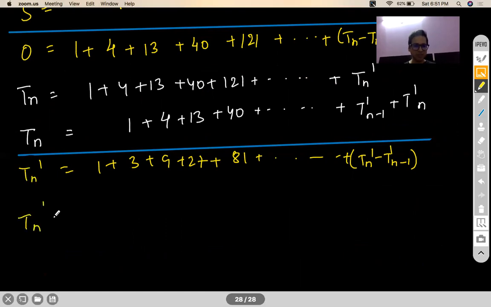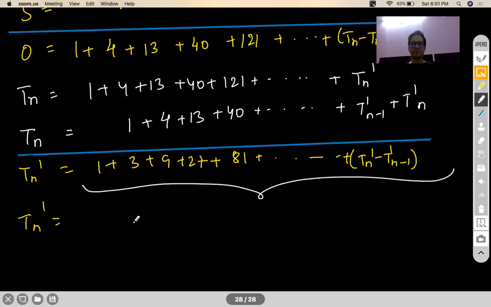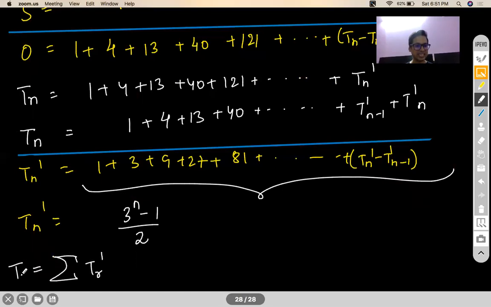So now you found out Tn dash by using the fact that this is a GP whose first term is 1, common ratio is 3, and the number of terms are n. So this will be 3 to the power n minus 1 by 2. And if you sum up Tr dash, you're going to get Tn.